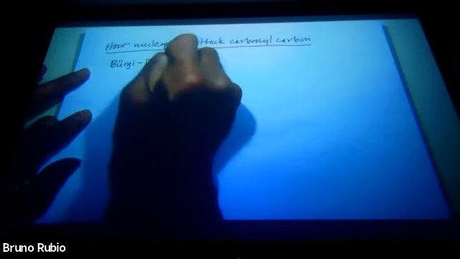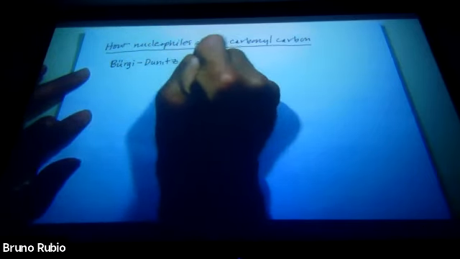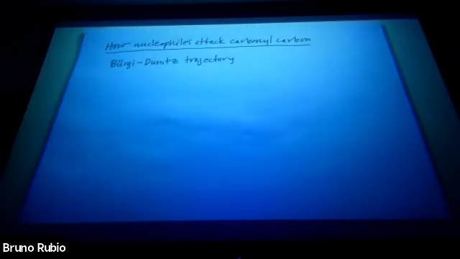This is named for Bürgi, who was a Swiss guy, and Dunitz, who was a Scottish chemist, and they came up with this theoretical model sometime in the 1960s.